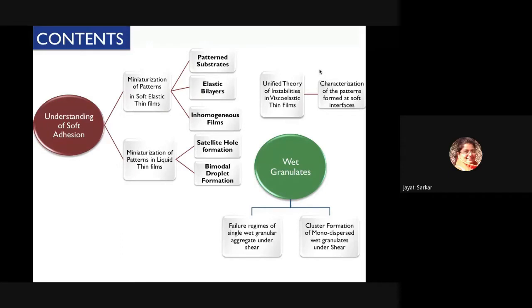Why this is happening, we will try to find out through a unified theory. If we have time today, we will be looking into self-organization in certain other complex fluids like wet granulars, right? If we have time, we will move into that also.